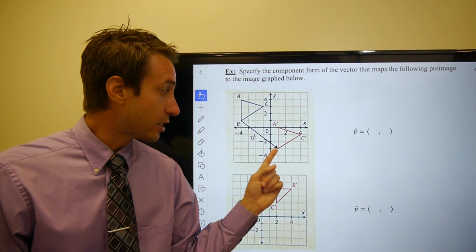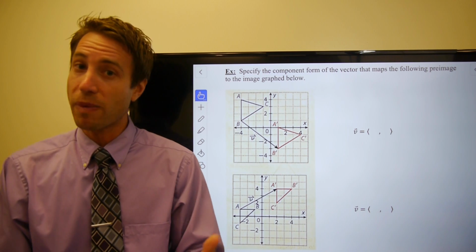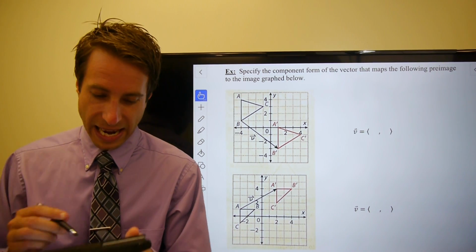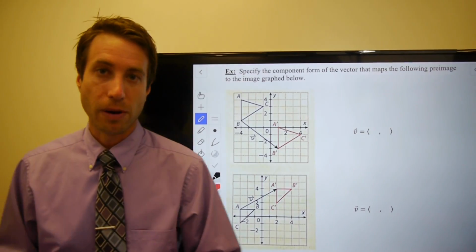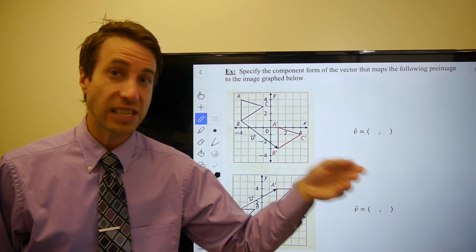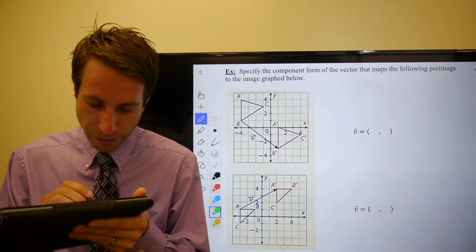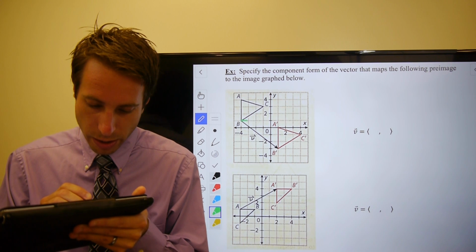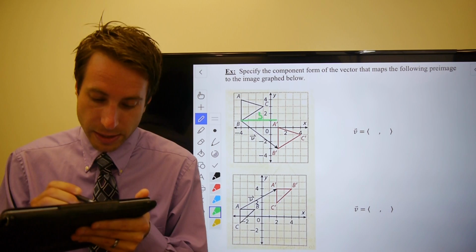I want to know what is the translation, what is the change in position. Well, I've actually already drawn the vector in there for you. Sometimes I'll give it to you, sometimes I won't. I definitely don't have to, but since I have, it's simply a counting game. Remember, the horizontal translation comes first, then the vertical translation comes second. So, horizontal first. We're going to shift everybody 1, 2, 3, 4, 5 units to the right.